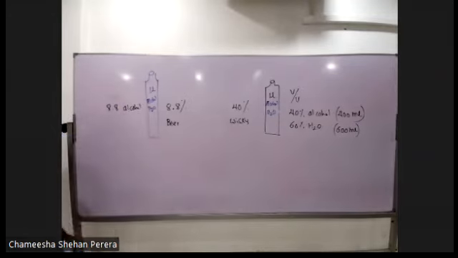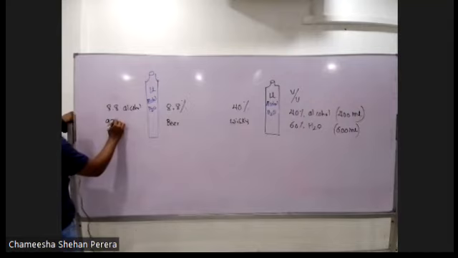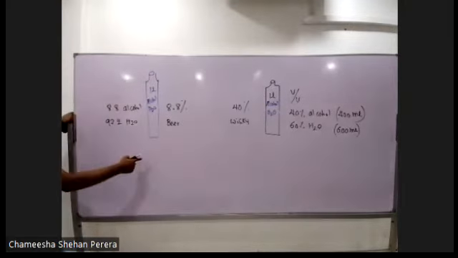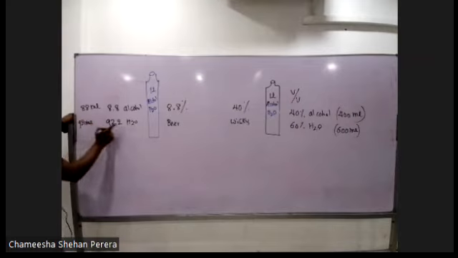So what would be the remaining value? 91.2% would be water. So if he drinks this whole bottle, this person would get only 88 ml of alcohol, and 912 ml of water into his body.